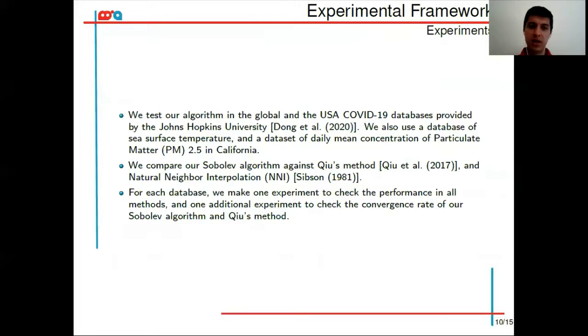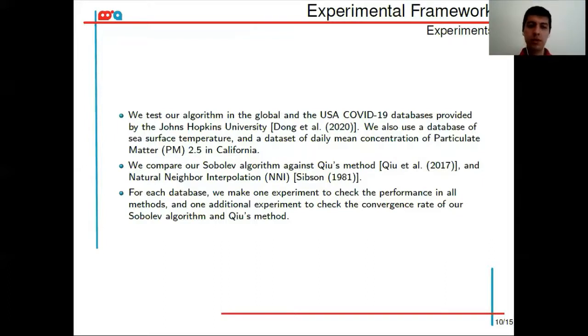Finally, for the experimental framework, we test our algorithm in the global and the US COVID-19 databases provided by the Johns Hopkins University, and we also test our algorithm in a database of sea surface temperature and daily mean concentration of particulate matter, PM 2.5, in California.